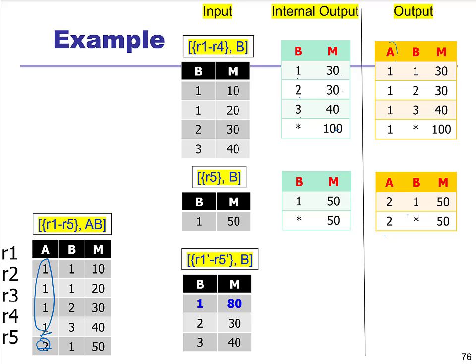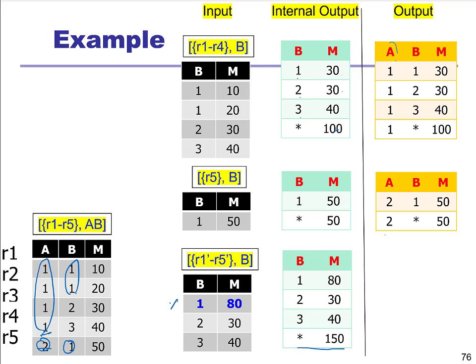This is our output. And the third part is when we reduce on dimension A. When B equals 1, we take the sum, and M is 80. B equals 2, M is 30, B equals 3, M is 40. And then for the internal output, we do an aggregation again and would have 150.